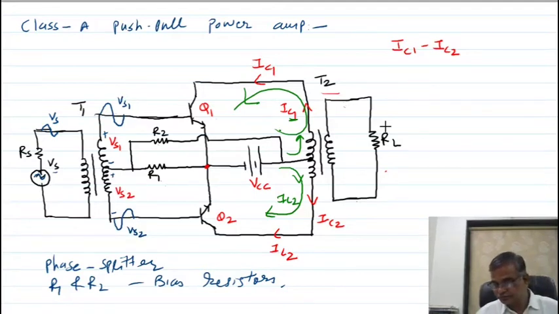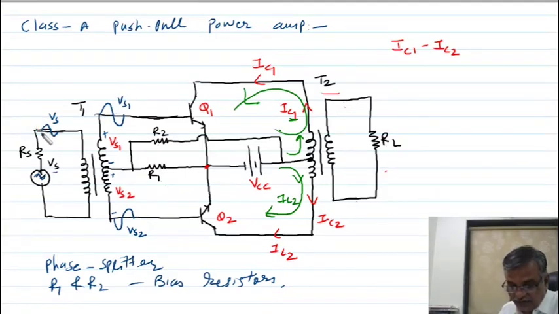Now, I have already shown the waveforms of Vs1 and Vs2. The waveform of Vs, Vs1 and Vs2 is shown in the figure. When Vs is positive, Vs1 is positive and Vs2 is negative.